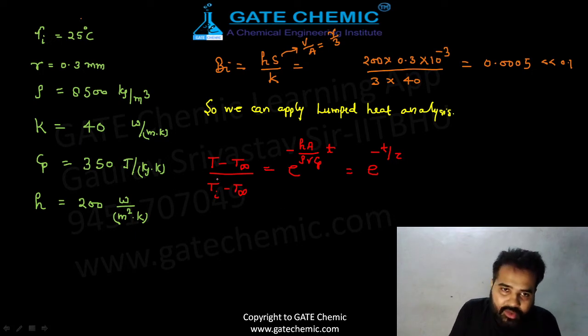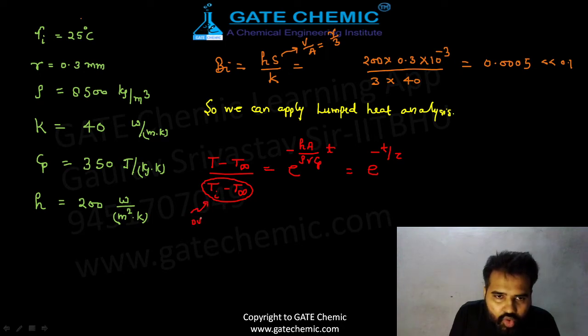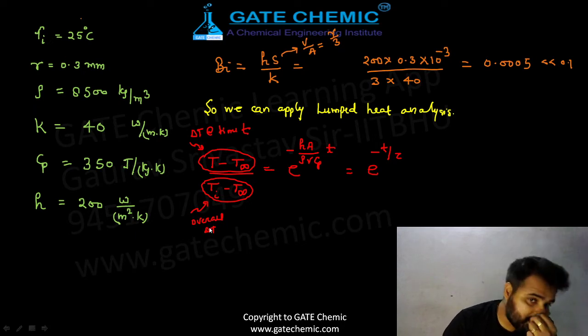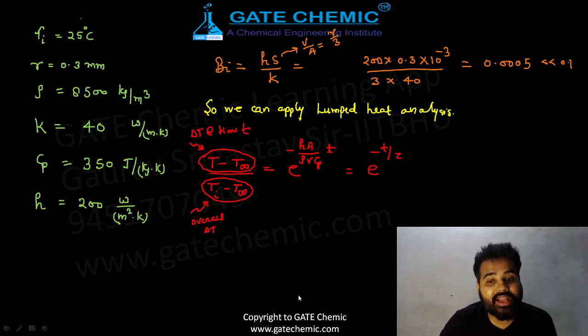So this is your overall temperature difference, overall delta T, and this is delta T at time t. Here he wants 63% of the initial temperature difference.